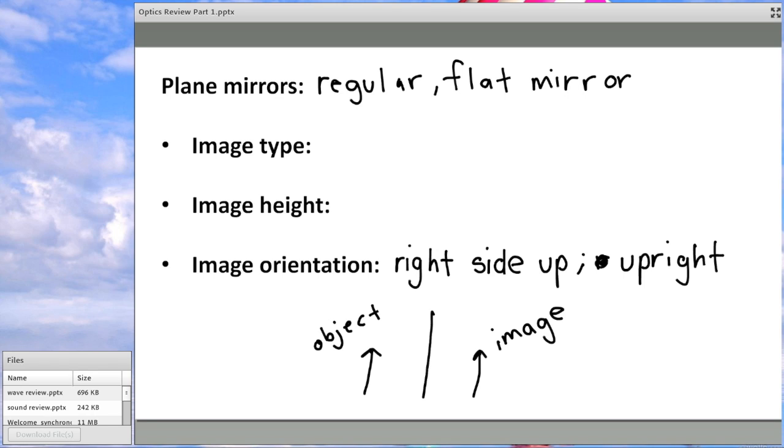The image type, we've got two types of images. We have real images and we have virtual images. We're going to get into probably next time the actual nitty gritty about what makes a real image and what makes a virtual image. But one of the things that I use sometimes to remember is that this is real life. That's where you are.